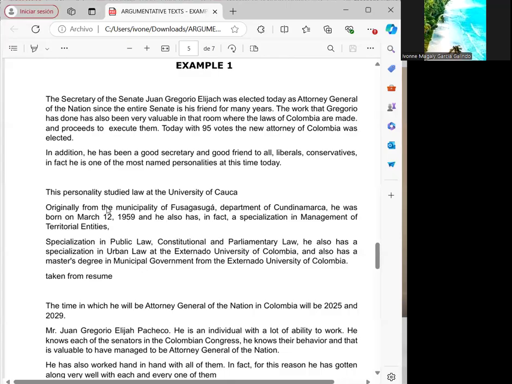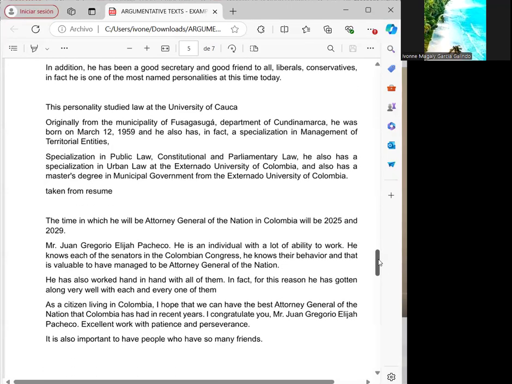So now she's providing some personal information about this personality, about Juan Gregorio. Here we have some educational background. Then the time in which he'll be Attorney General of the nation in Colombia will be 2025 and 2029.